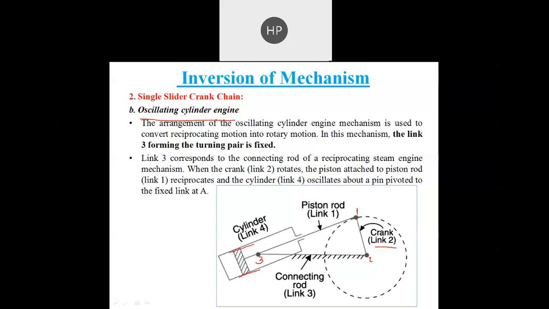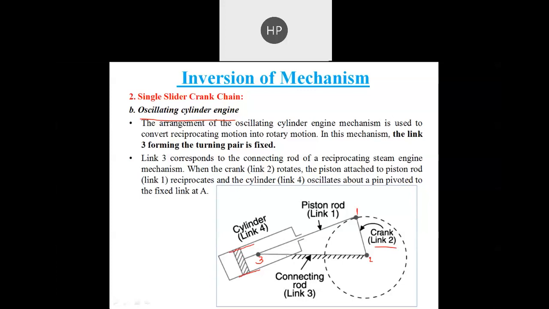Okay, this is the piston which is connected to the piston rod. This is our link 1, the piston rod, and at the end of the piston rod we have a piston. So as the crank rotates, this link 1 or this piston will reciprocate, and the cylinder 4 may oscillate.